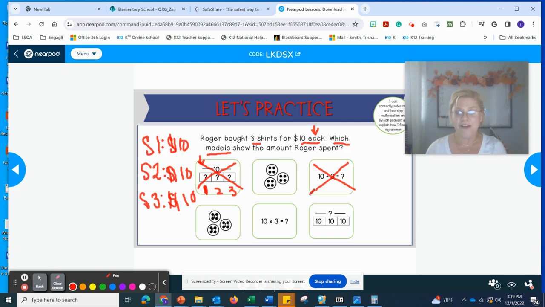No, it's not, my friends. Now, let's look at the next one. Right here, we have 3 circles. 1, 2, 3. And let's say each circle represents 1 shirt.